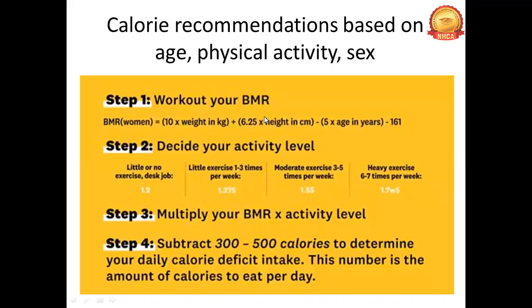The step shown here is for a woman. For a man, what is the difference in the formula? Can anyone say in the chat box? Those who have the 9th edition textbook, it's page number 301.